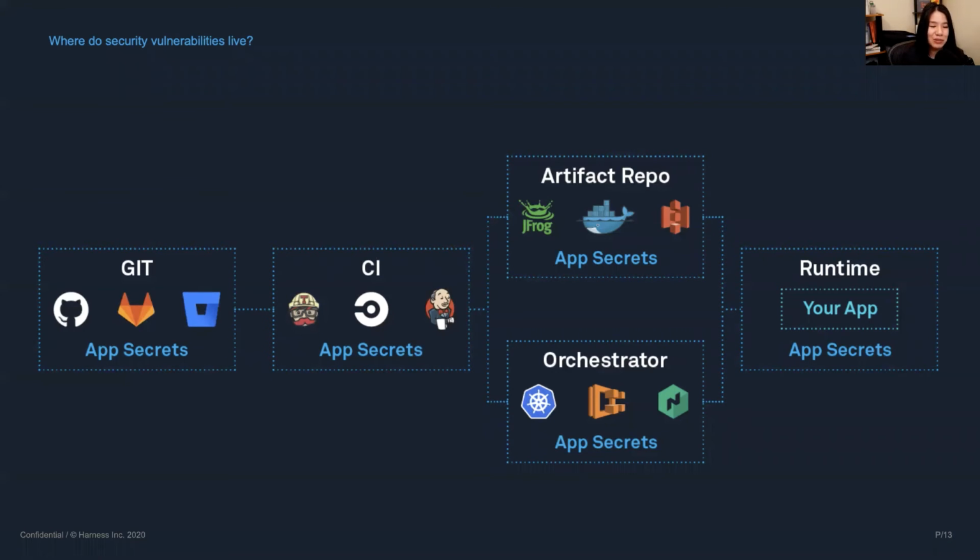For the SolarWinds hack, that was how SolarWinds was compromised: they had left a secret in plain text, which allowed malicious hackers to inject code that was packaged in a CI workflow, shipped out, and delivered into the hands of customers. That's essentially how the hack occurred.